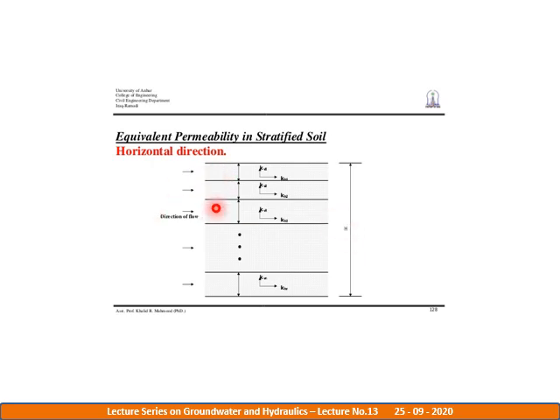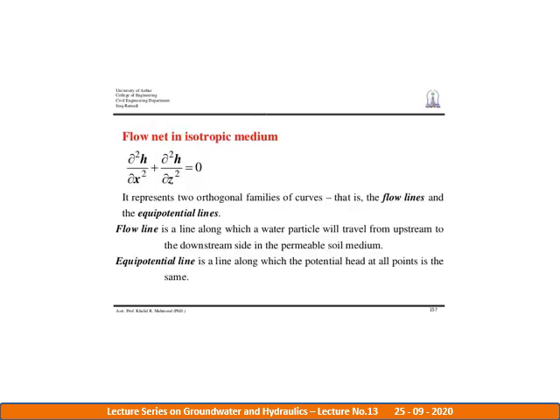Like that, in each and every stratification, the pressure changes. For that, we can take it as an isotropic medium. It represents two orthogonal families of curves, that is the flow lines and equipotential lines. Flow line is the line along which water particles travel from upstream to downstream side.